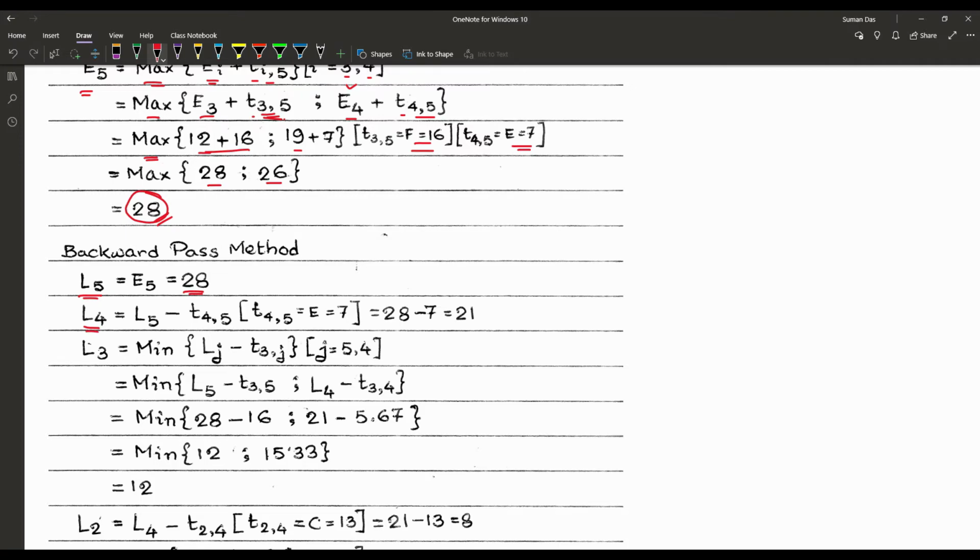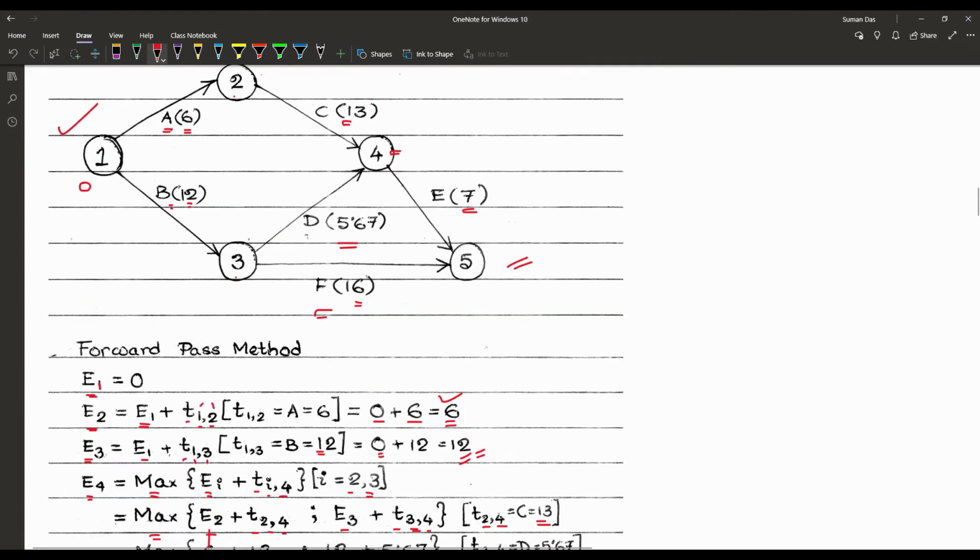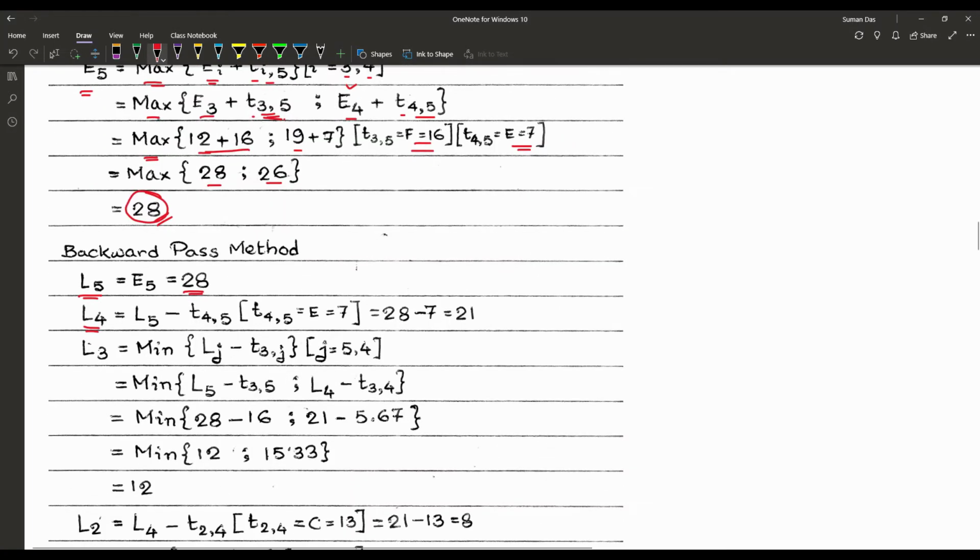Now L4, according to the diagram, is coming from only one way, that is the activity E, and the duration is 7. So L4 is equal to L5 minus T4 to 5, and T4 to 5 is equal to 7. So that is 28 minus 7, or 21.